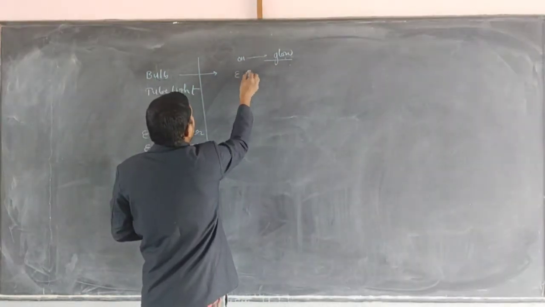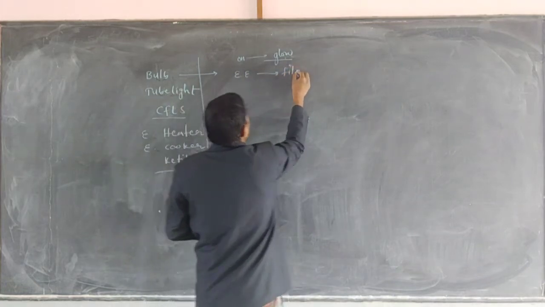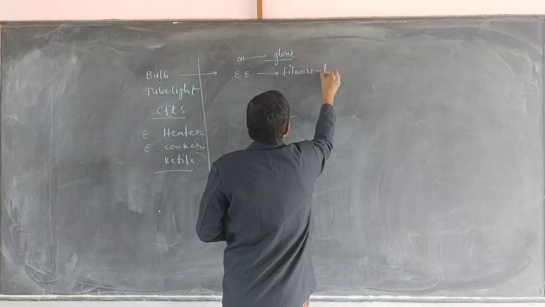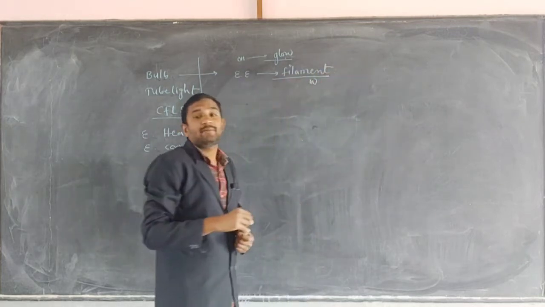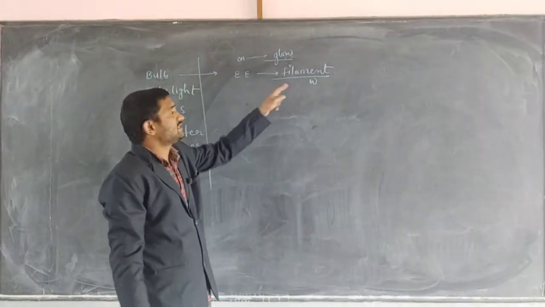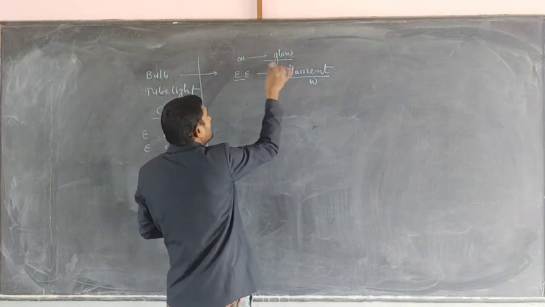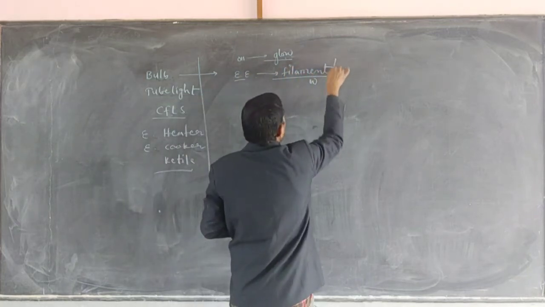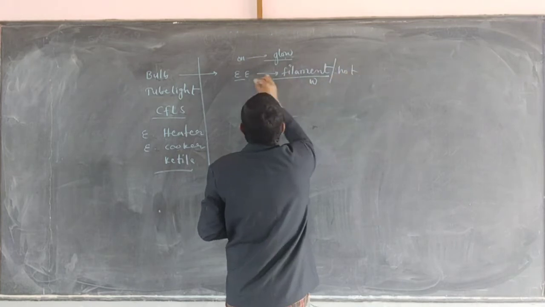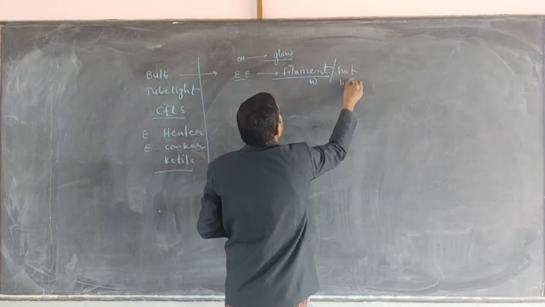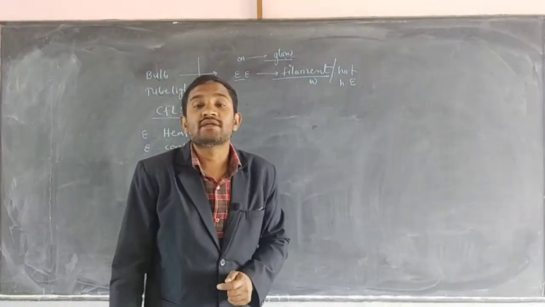Electrical energy reaches the filament, which is made up of tungsten. When this electrical energy reaches the filament, it becomes hot. That means electrical energy is converting into heat energy.